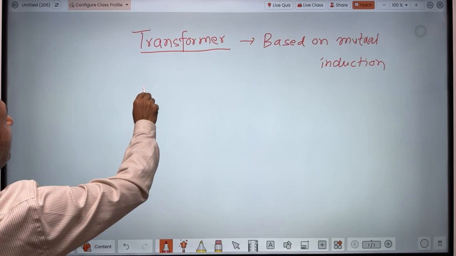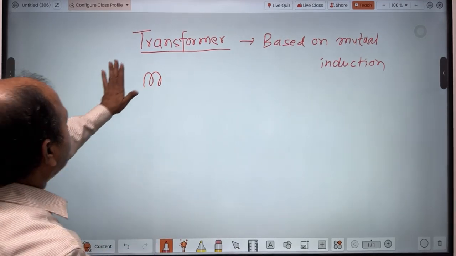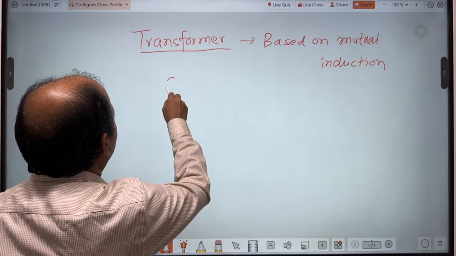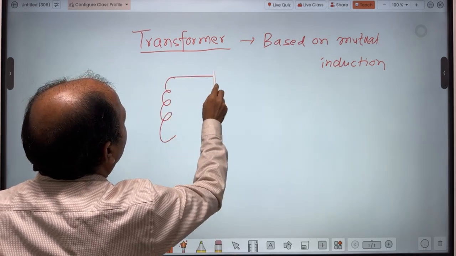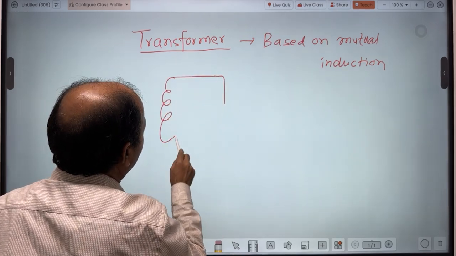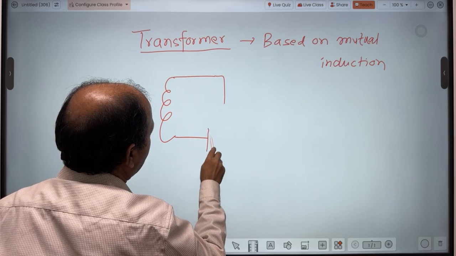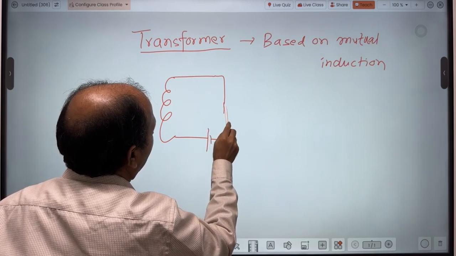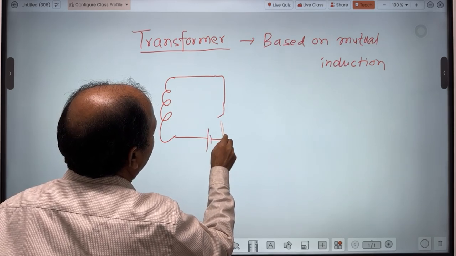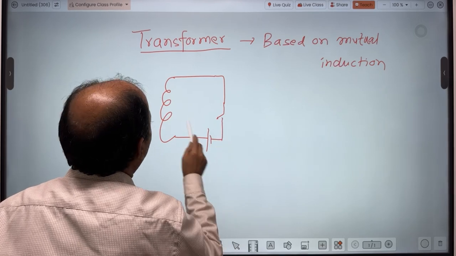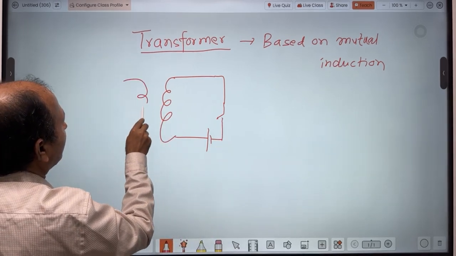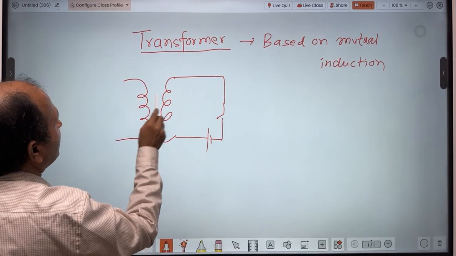If you remember that, suppose this is one coil in which there is a power source, means battery, and here there is a tapping key, and there is another coil.